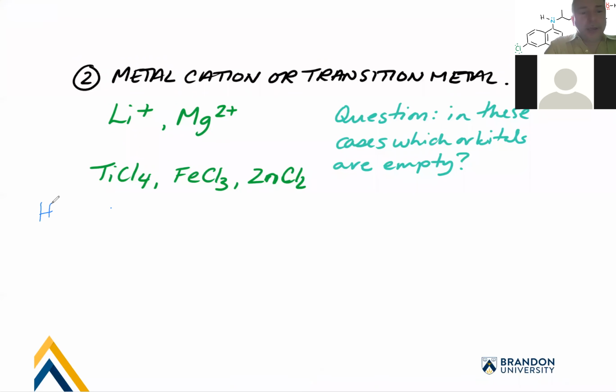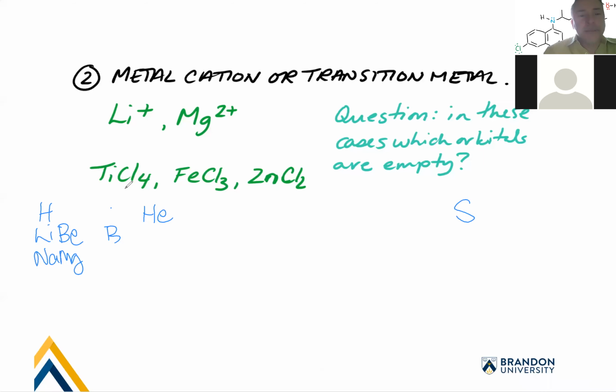We've got hydrogen, helium, lithium, beryllium, and then boron, there's a gap, sodium, magnesium. Lithium would be using an empty 2s orbital. Magnesium, which is one row down, would be using an empty 3s orbital. So they've got empty s orbitals that they're using.